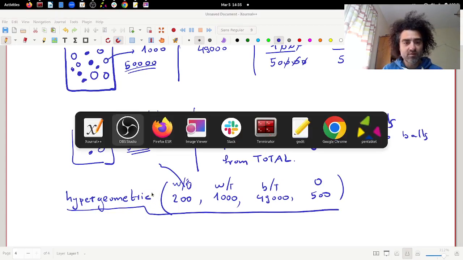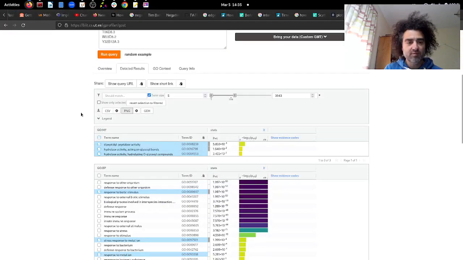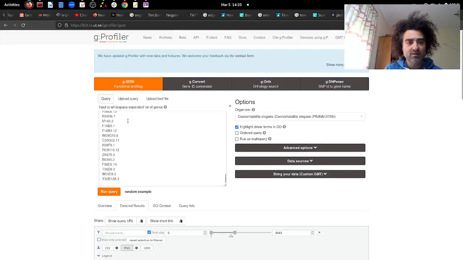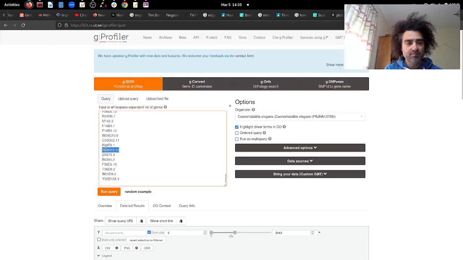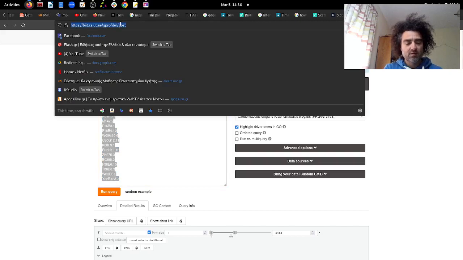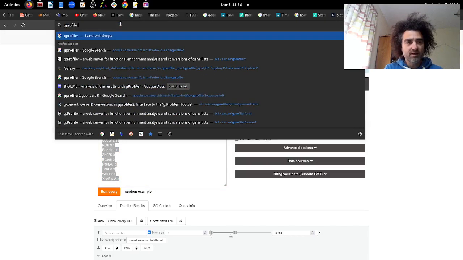So this is what we are doing, and what we do in practice is that we get all the list of overrepresented genes here. I just put it in this box of the tool called gProfiler. So let's do it from the beginning. Let me copy this. Just write in Google gProfiler.